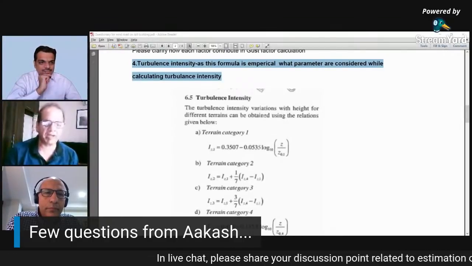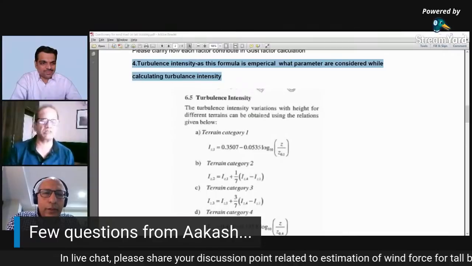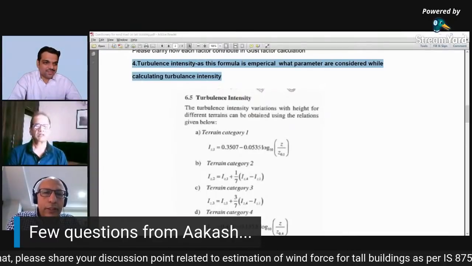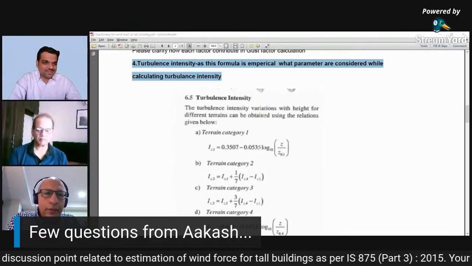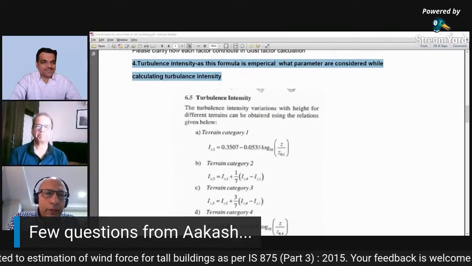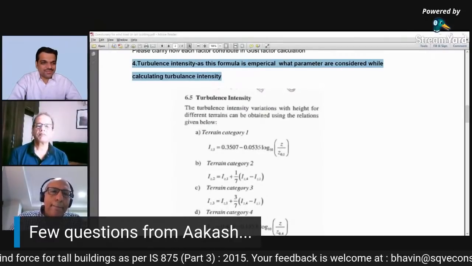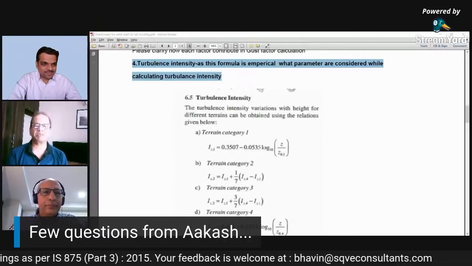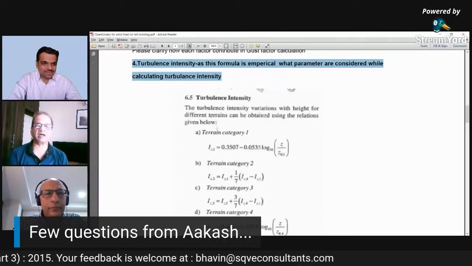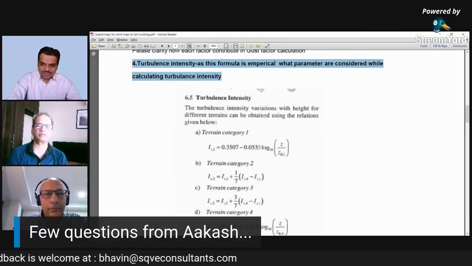Am I correct, Tony? Turbulence intensity. Yes, that's right. Near the ground at terrain category 4, it'll be high 30s, or mid to high 30%. So these are basically actually measured data, then converted to the expressions.